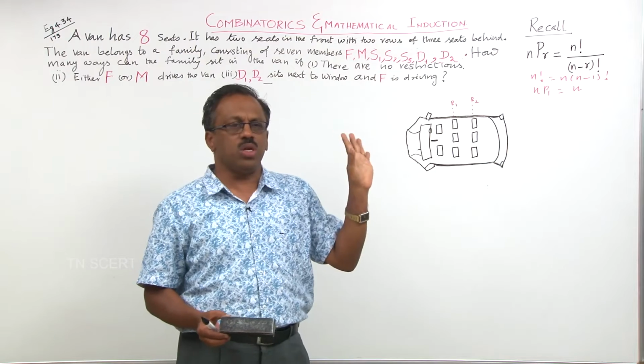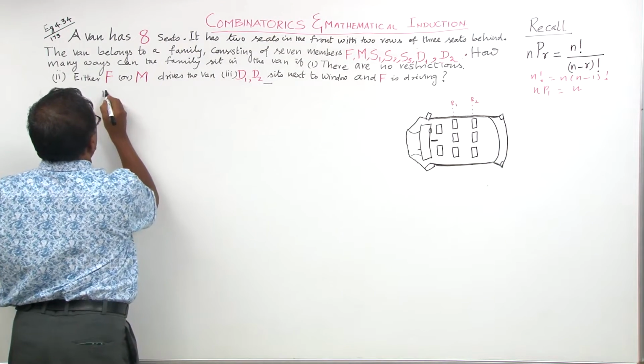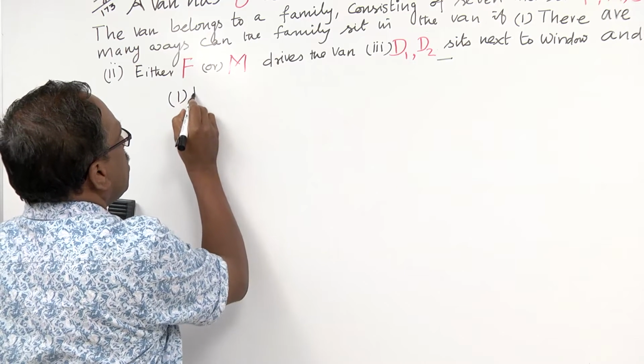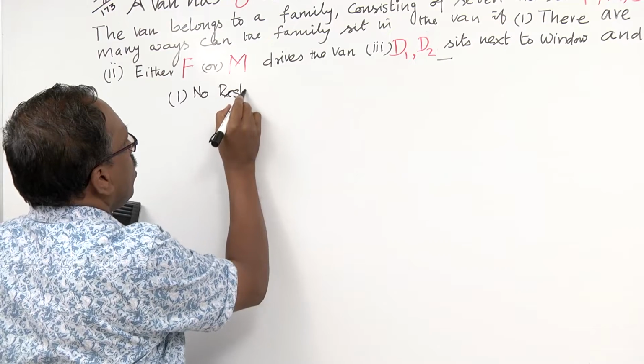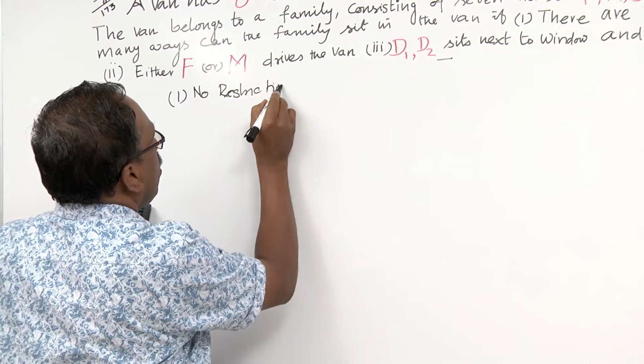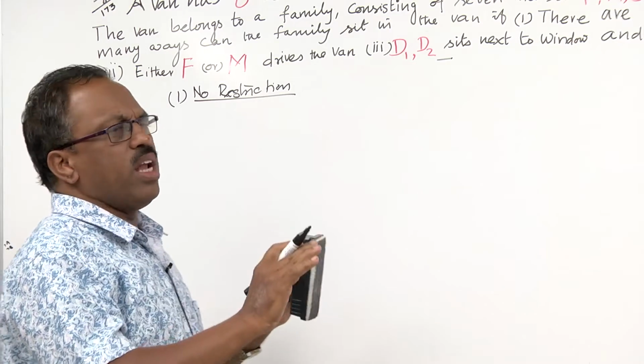So these are the 3 conditions given. First one, no restriction at all. So in the first case, let us take no restrictions. No restrictions means anybody can sit anywhere.